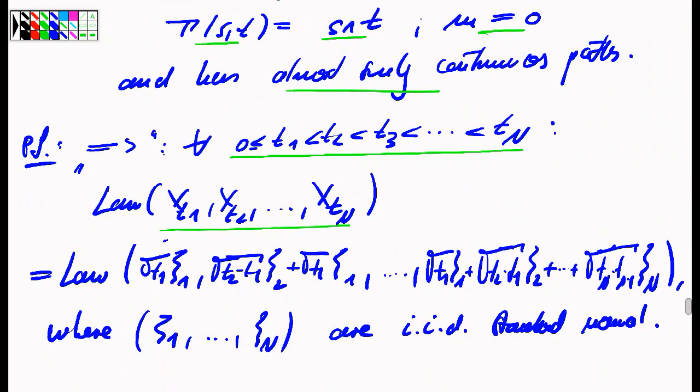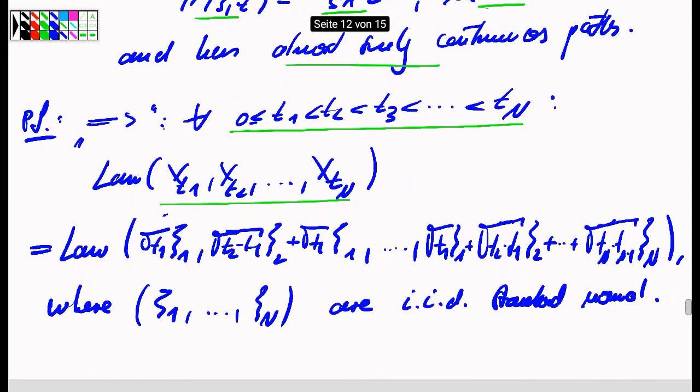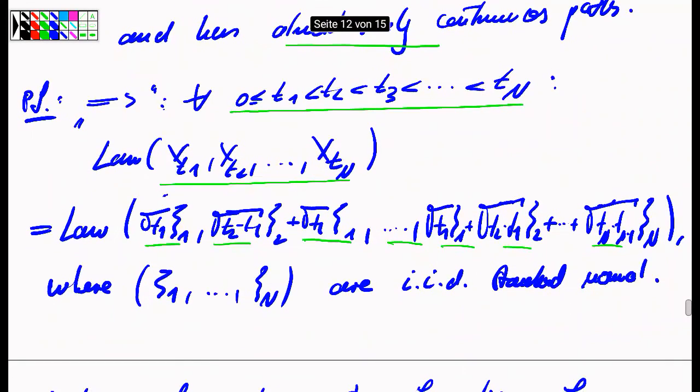Then by just the same consideration that we did when we discussed the induced law of a Brownian motion on path space, we can write all these joint evaluations, or the statistics of these joint evaluations, through a stacked sum of independent, properly scaled standard normal one-dimensional random variables.